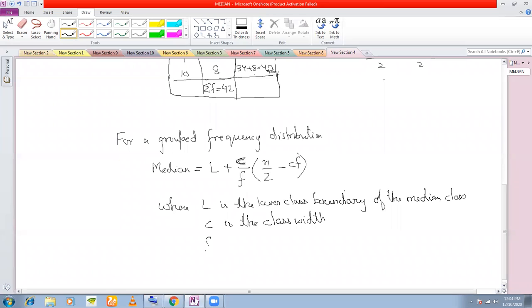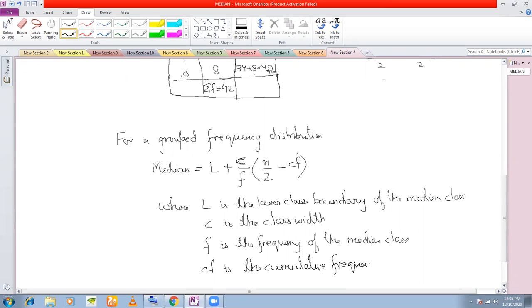F is the frequency of the median class. And CF is the cumulative frequency, let's say CF, not capital F, I'm used to writing capital F. CF is the cumulative frequency just above the median class. Not the median class, but just above the median class.